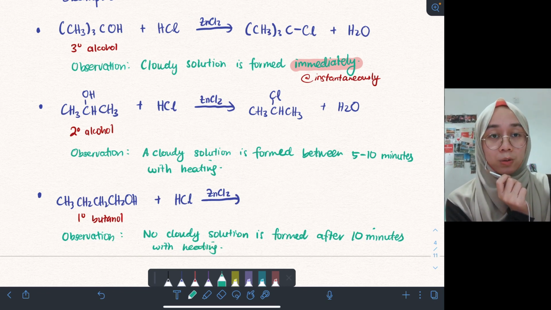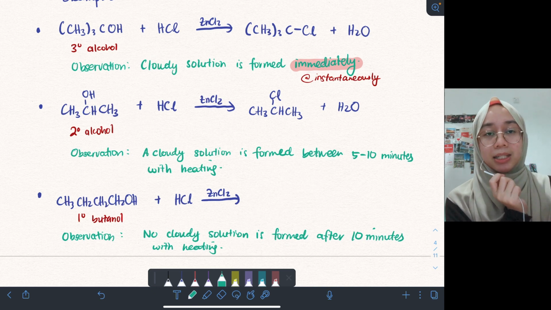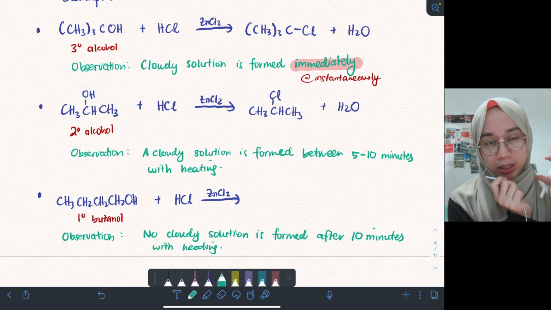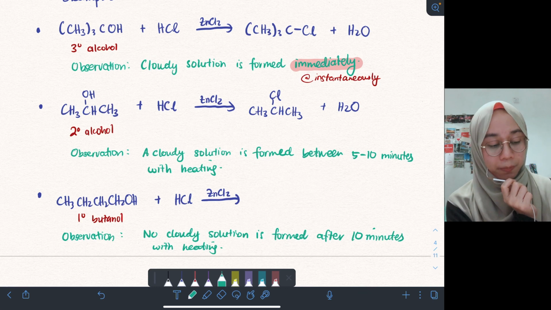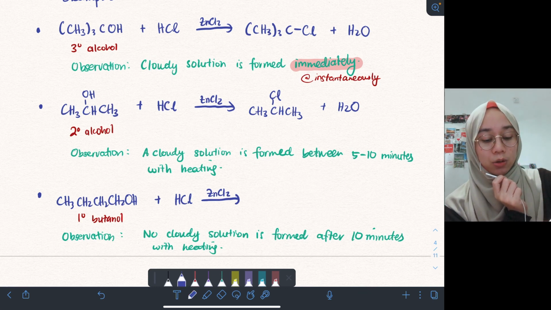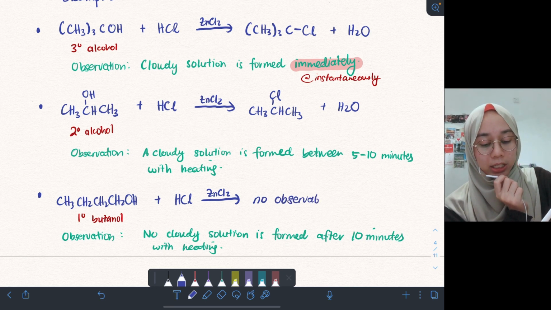Masih lagi cloudy solution tu tak appear. Jadi since this is a test class, so based on your observation, your equation pun kena based on your observation lah, since there is no cloudy solution is formed. So that is why instead of kita tulis hasil dia tadi, kamu akan tulis no observable change.